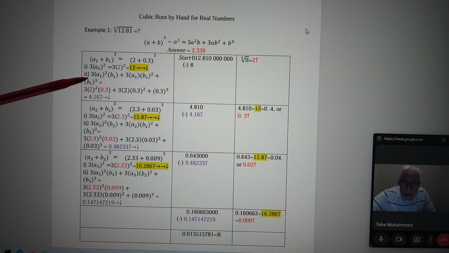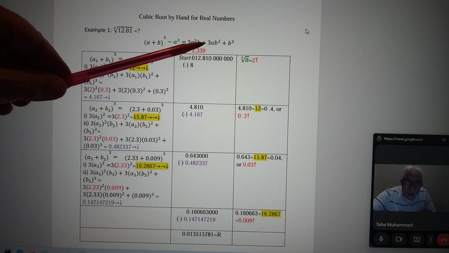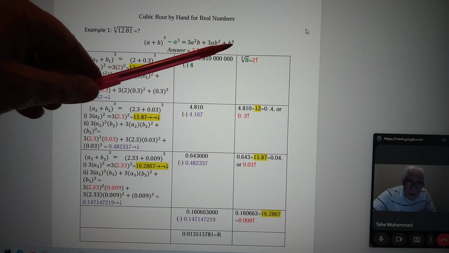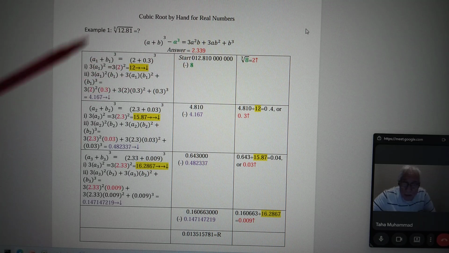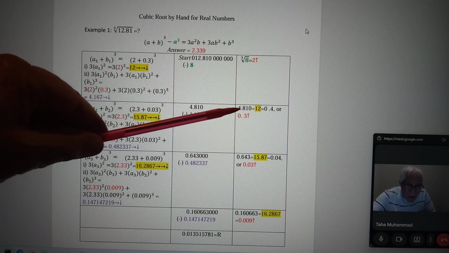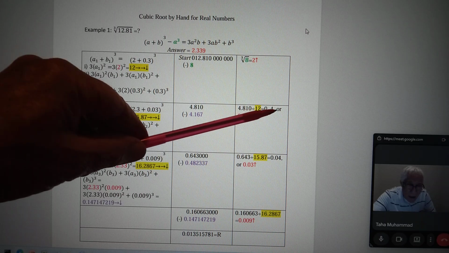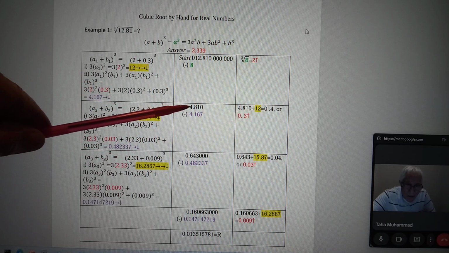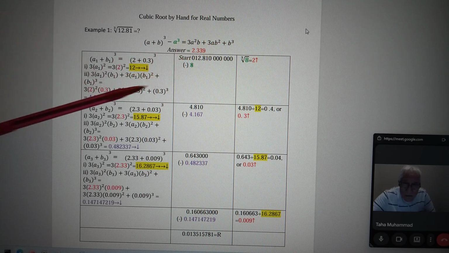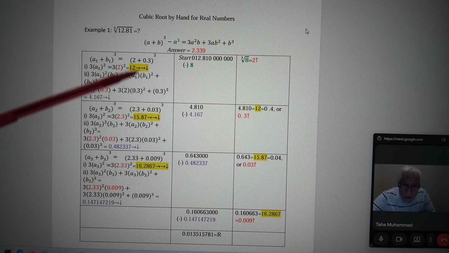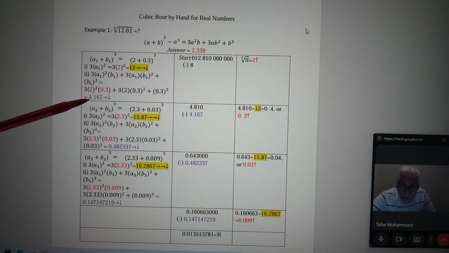You are using this rule: 3a squared b plus 3ab squared plus b cubed. A, we know it is 2. But b, because of this division, I got 3. I ignored 4 because 4 was more than that, 4.8. Okay, substitute here: 3 squared times b, 2 times b squared and b cubed will give you 4.167.